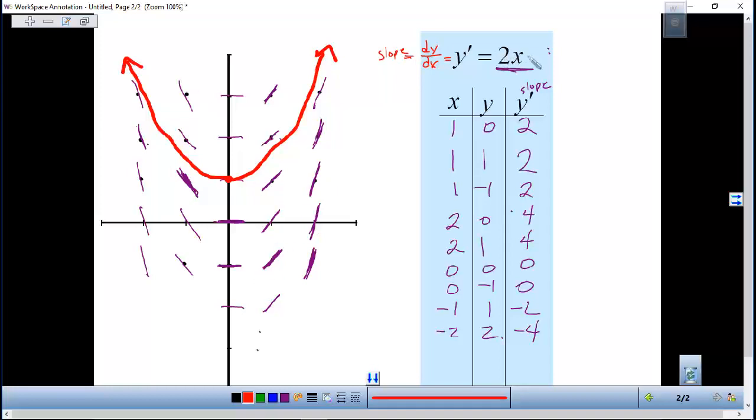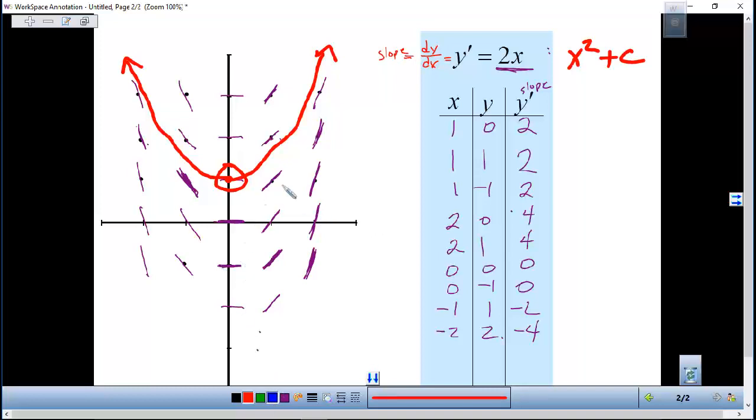Now what do we know our solution here was? Well, our general solution was x squared plus c. So the only thing that determined what my c was was the point that I was given. So that's what we're looking at here. The differential equation is going to give us a slope field. The slope field is going to give us the general behavior of every single point along the way.